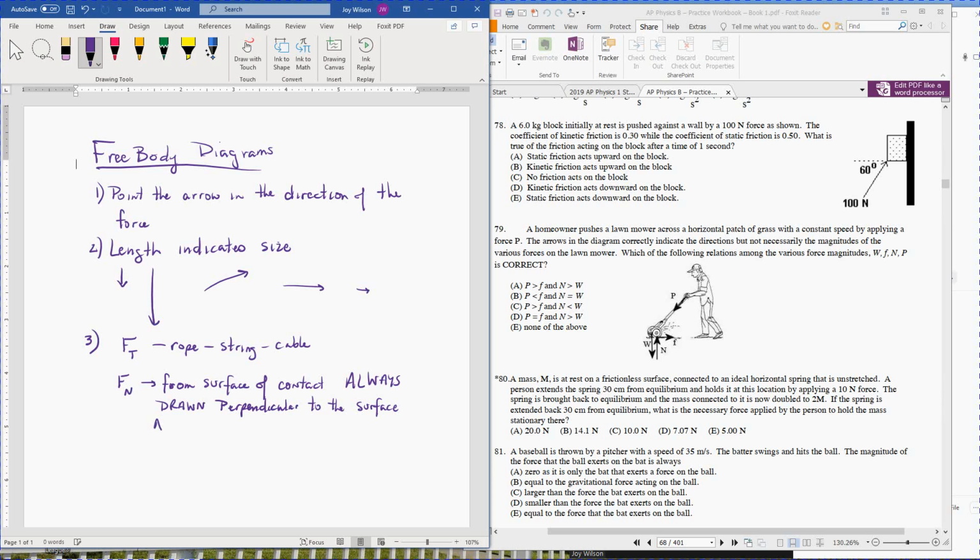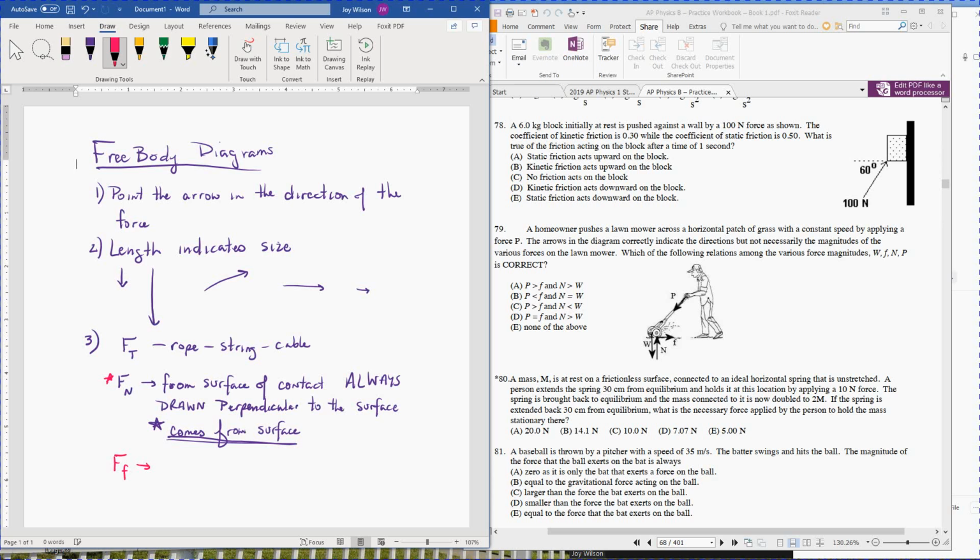Also, the force normal, something to keep in mind, is it comes from the surface, so if you are asked to draw from where they come, this one needs to be drawn on the surface of contact. Okay, another one that is like that is force of friction.